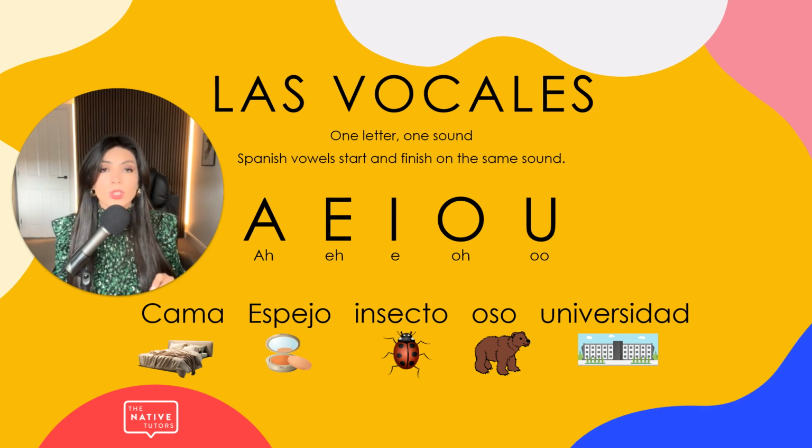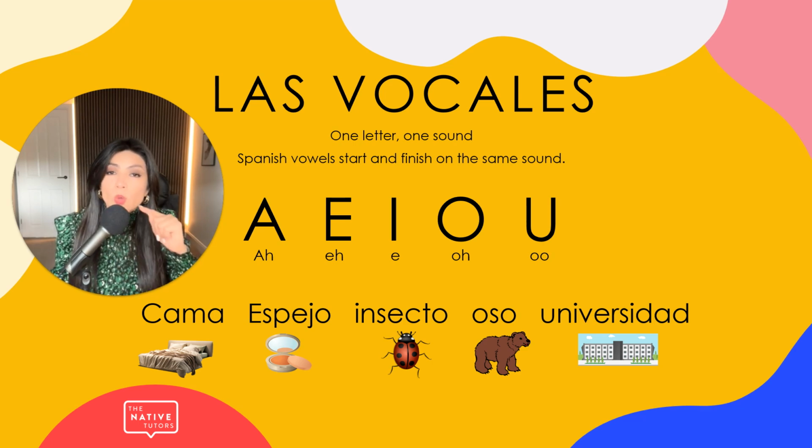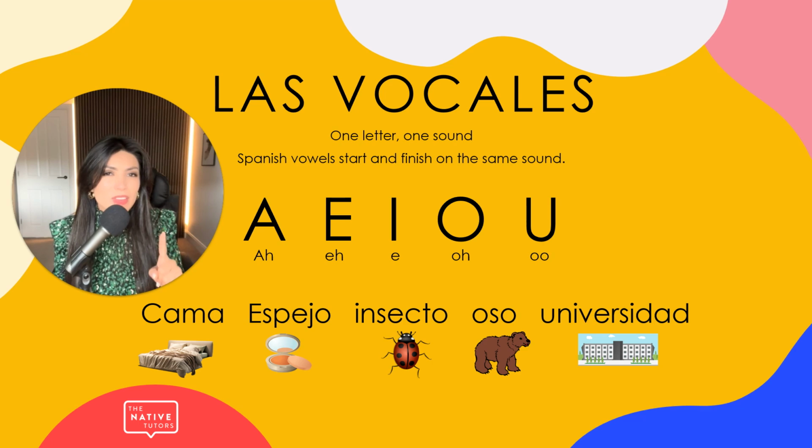Whereas in English, I can't remember the exact number, but I know there's a lot of sounds. There's at least over 10 sounds of the vowels. In Spanish, we only have 5 sounds. And we also don't go up and down as you do in English. I'm going to give you some examples so that you can see what I mean.